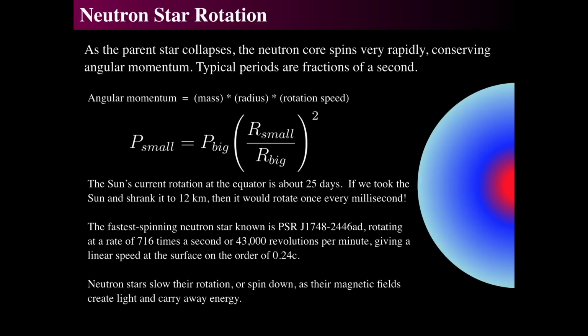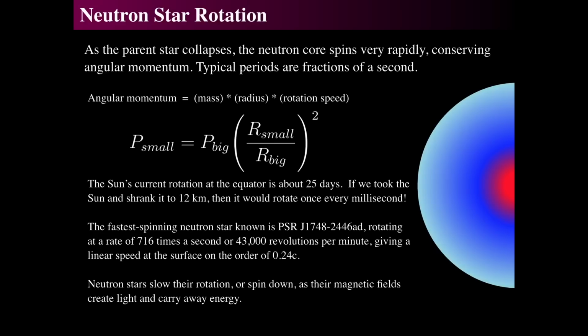So angular momentum does get conserved, and so what is angular momentum? Angular momentum is the product of the mass times the radius times the rotation speed, and that's in very, very general terms. So if you keep the mass the same, and angular momentum is conserved because there's nothing pushing the angular momentum away, so that is conserved for a given mass, radius, and rotation speed.